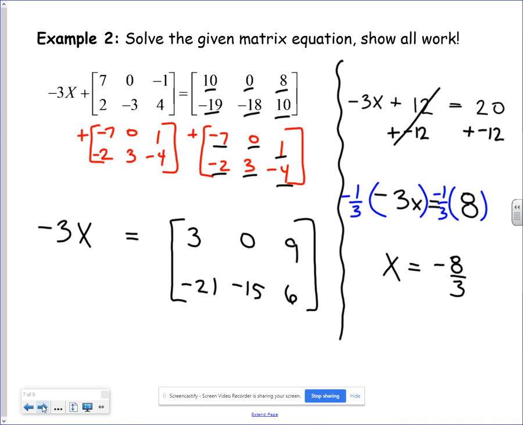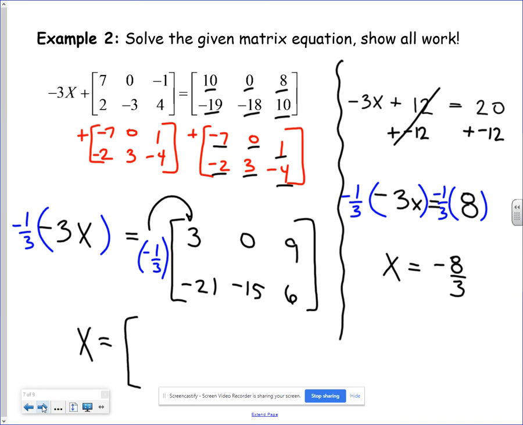Okay, what did we do to the basic equation once we got to this step? We multiply both sides by negative 1/3. So that's what we're going to do here. We're going to multiply both sides by negative 1/3. So here's my answer. X is equal to the following matrix.